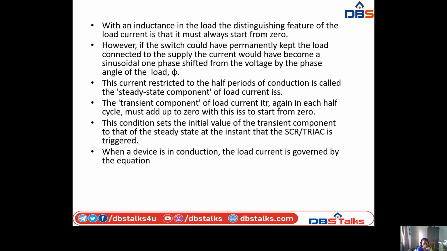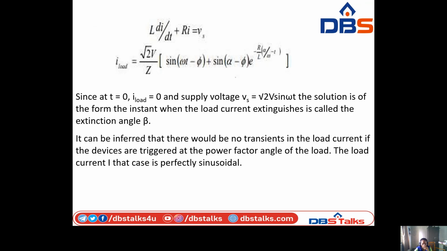So when the device is not conducting, the load current is governed by the equation. So here we have discussed the AC voltage controller with RL load. Here L di/dt plus Ri equals V. Here i load equals root 2 V by Z times sine of omega t minus phi plus sine of alpha minus phi, times e to the power of minus R by L times omega t.